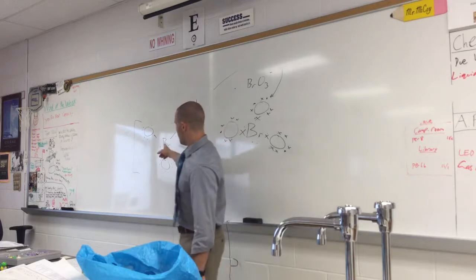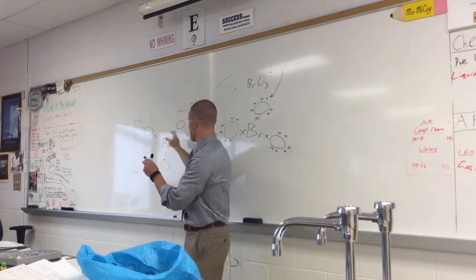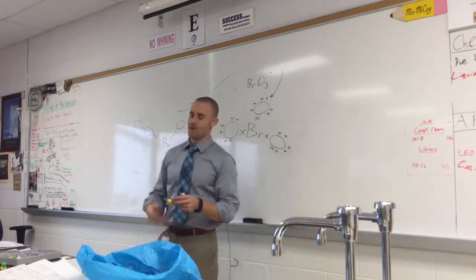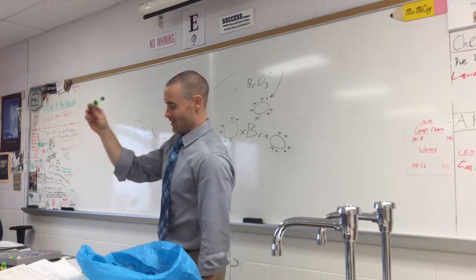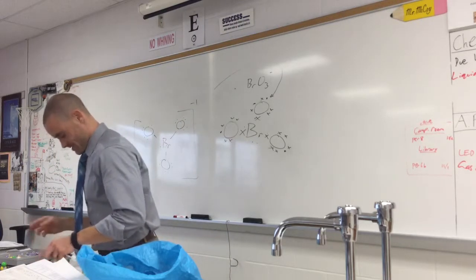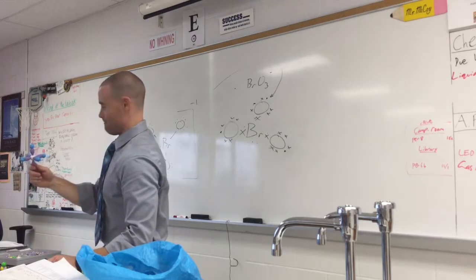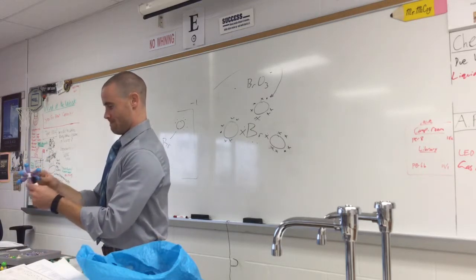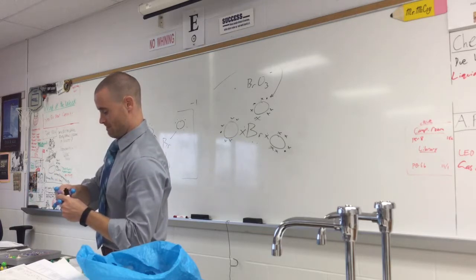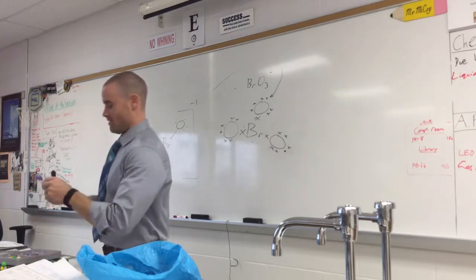Now, I'm telling you that it looks like this because you have 3 oxygens, but these lone pairs screw everything up. So it actually doesn't look like that. It looks more like that.